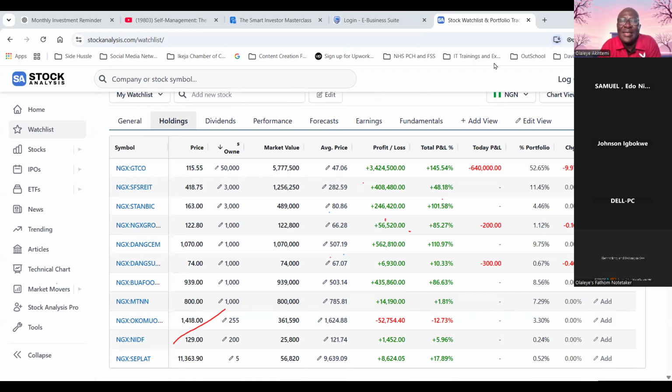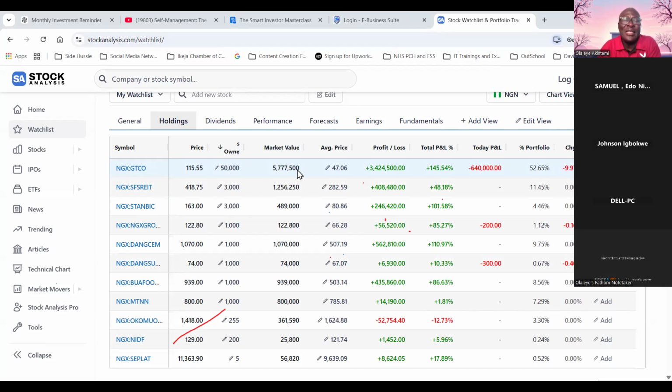It's not a good idea to have one stock dominating all the other stocks too much, because the market value of Gitco alone in my portfolio is nearly 6 million naira. So that means Gitco alone is more than about 50% of the value of my stock portfolio.